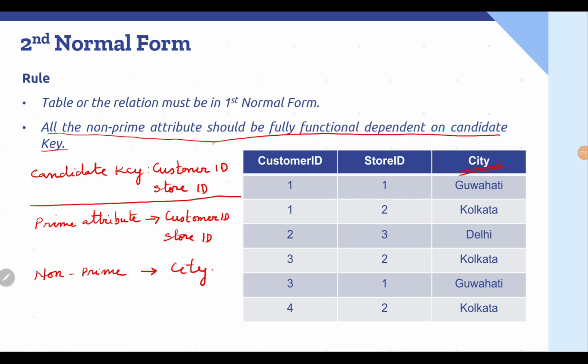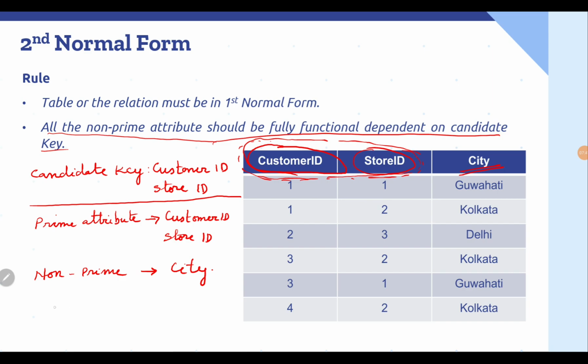Which is the candidate key in our case? So customer ID and store ID are my prime attributes. Together they will form the candidate key.